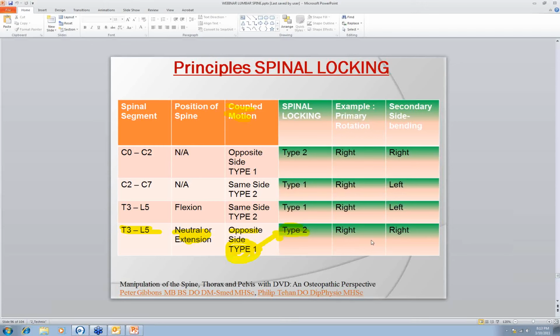This type 2 movement will create the greatest tension of a spinal locking in order for me to be able to properly mobilize or manipulate and achieve this type 1 opening of the movement.